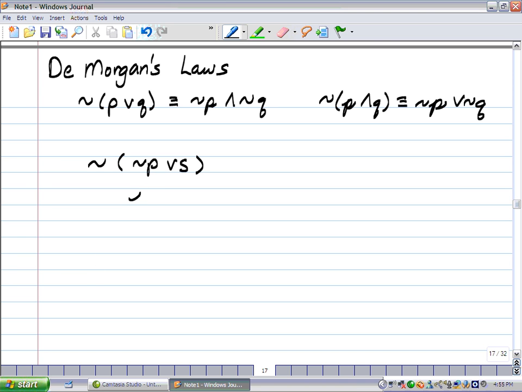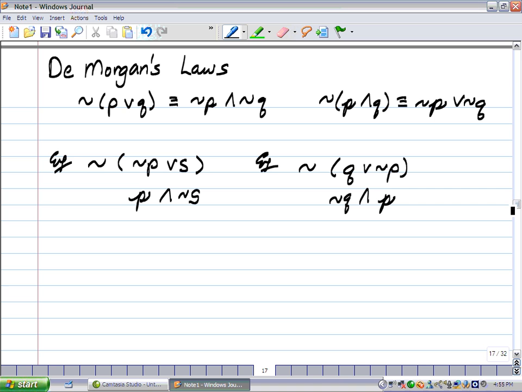The not P would become P, or becomes and, the S becomes not S. Suppose we had, as a different example, not Q or not P. The not is going to turn this into a not Q, the or becomes and, the not P becomes P. So each thing changes to its opposite.